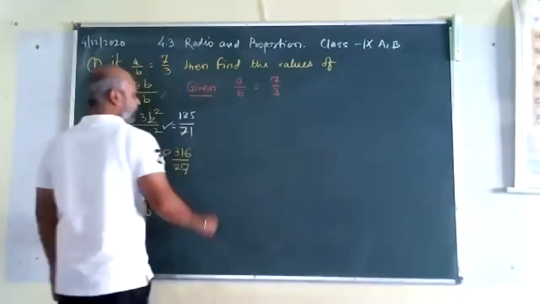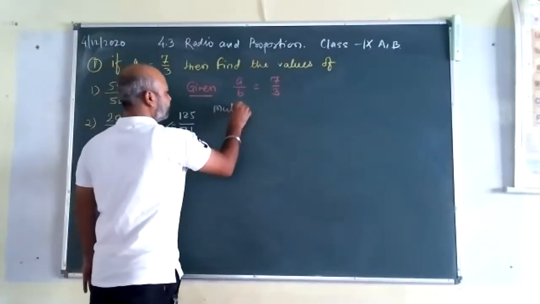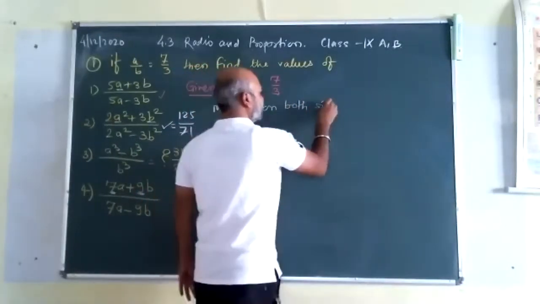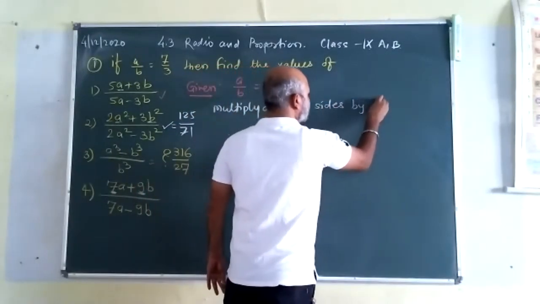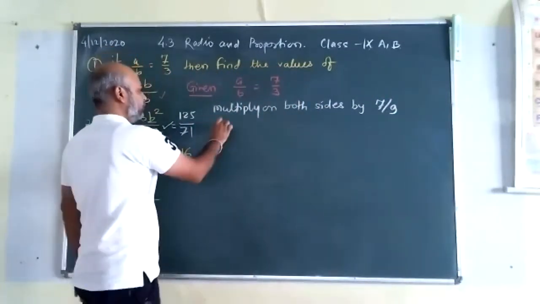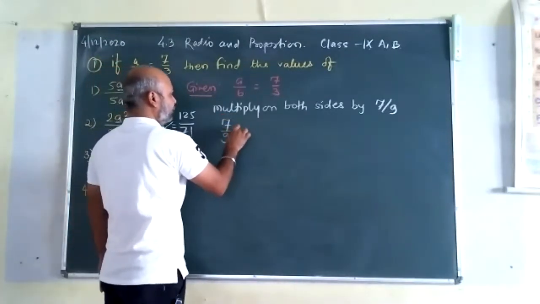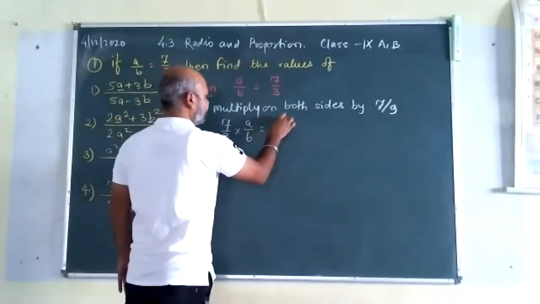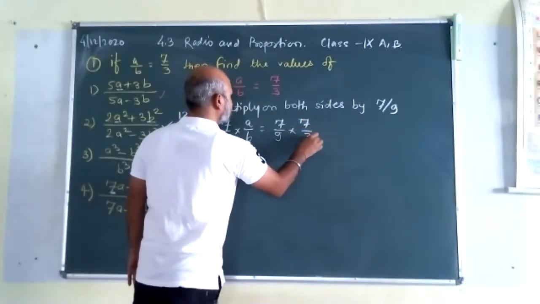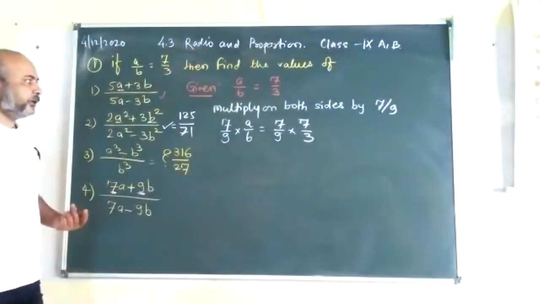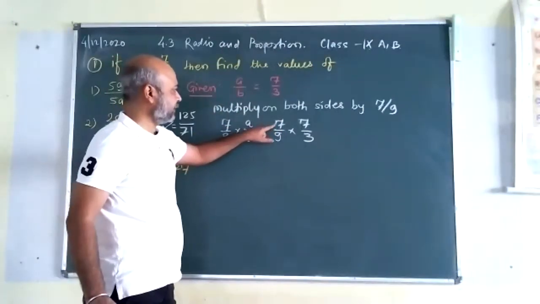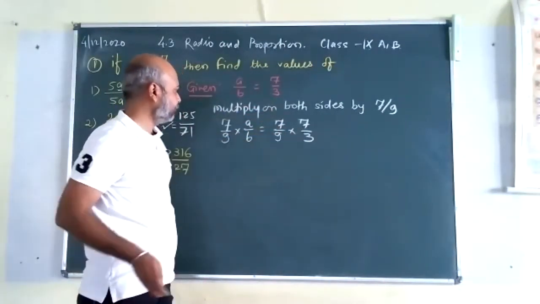Very good. So we write here: multiply on both sides by 7 upon 9. So what you will get then: 7 upon 9 into A by B is equal to 7 upon 9 into 7 by 3.